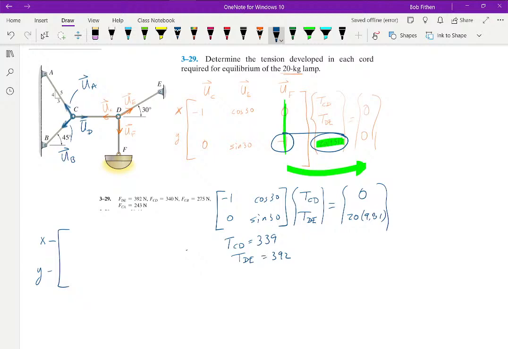Again, this is really unorthodox. UA, UB, UD. Put a divider between all this.